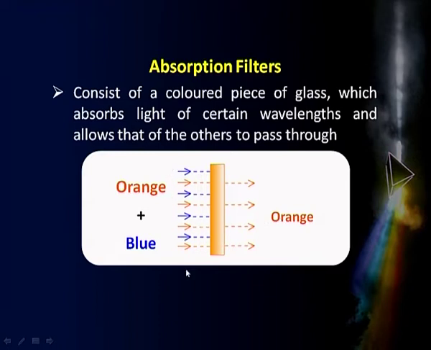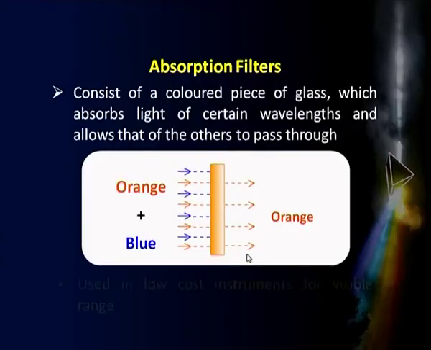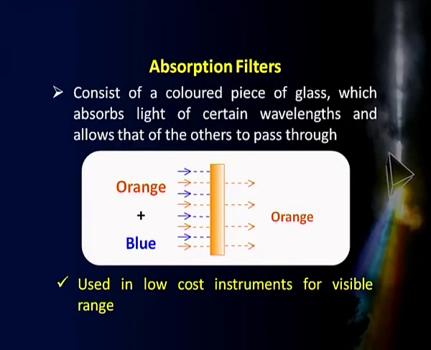So, input is broad based and output is a narrow range of wavelengths. This is typically what absorption filters do, but they are very crude components, and that is why they are very cheap.